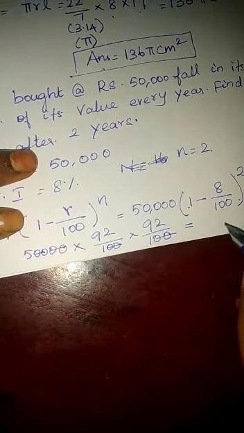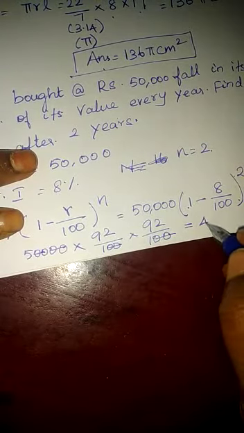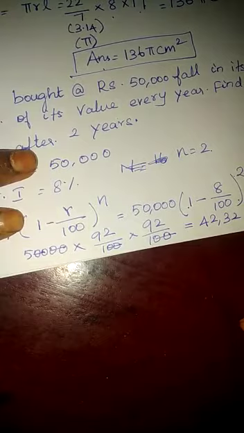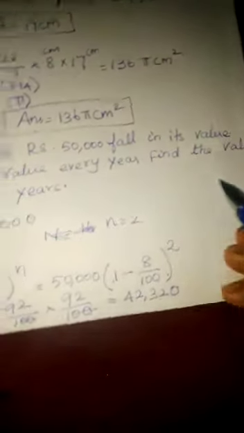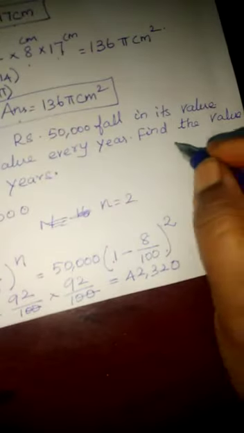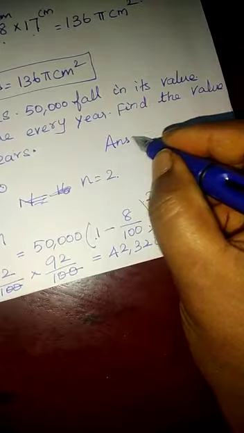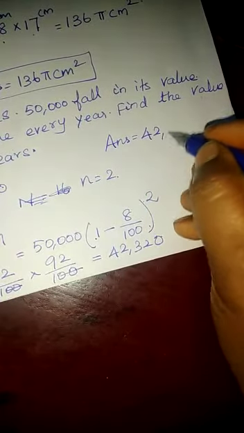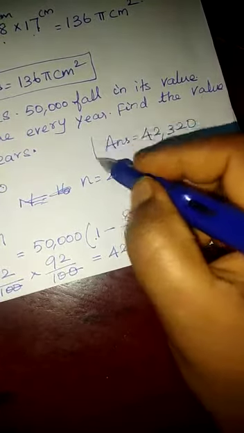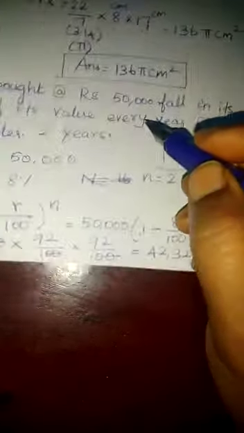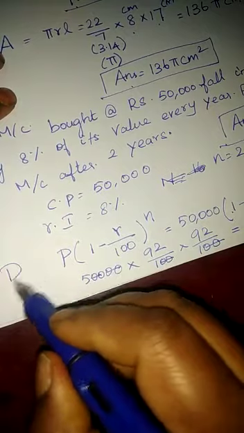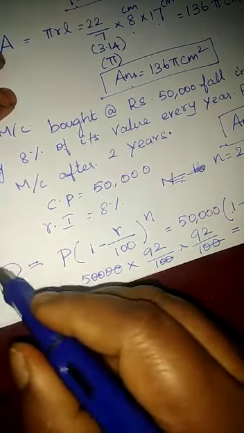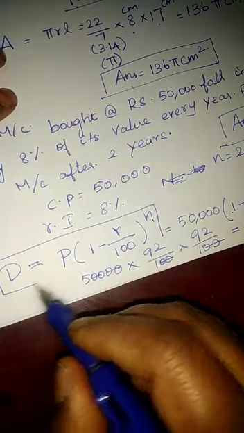On multiplying this we get 4 2 3 2 0. Okay, multiply it separately. So the answer is 42320. Okay, and this is the formula for depreciation.